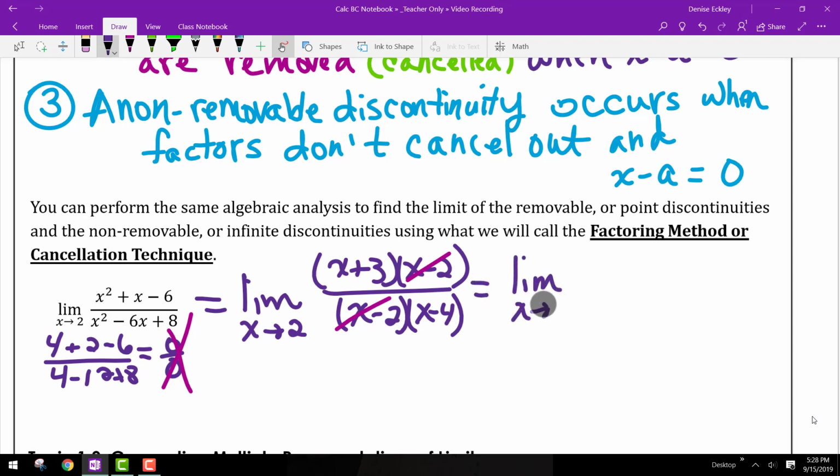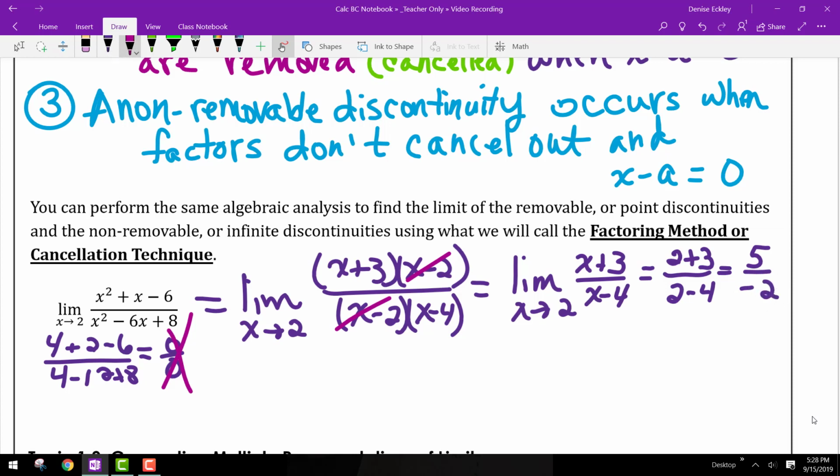So we're taking the limit as x approaches 2 of x plus 3 over x minus 4. Now at this point, you should always try direct substitution again. And when we do that, we now have 2 plus 3 over 2 minus 4. So we get 5 over negative 2.